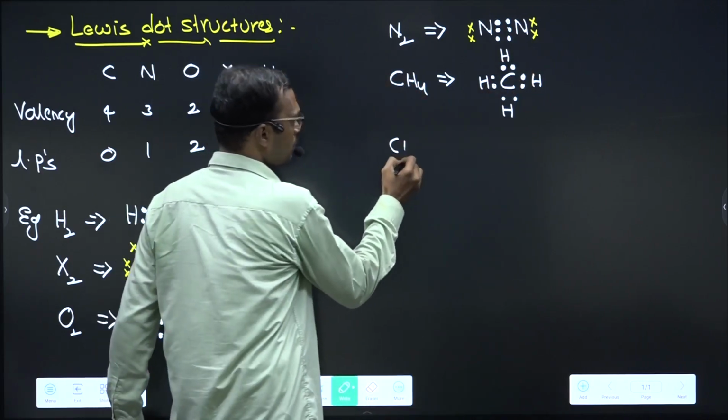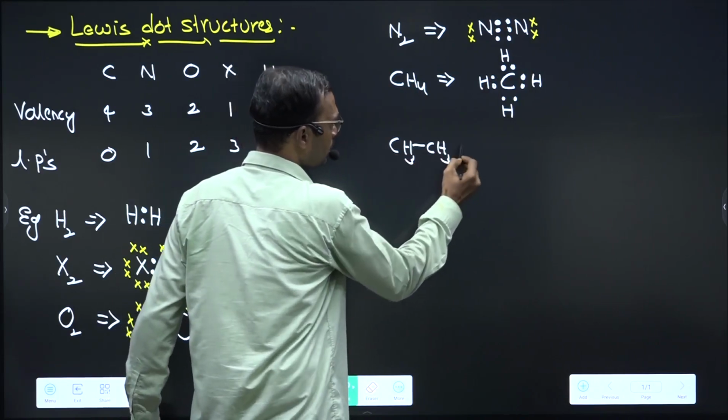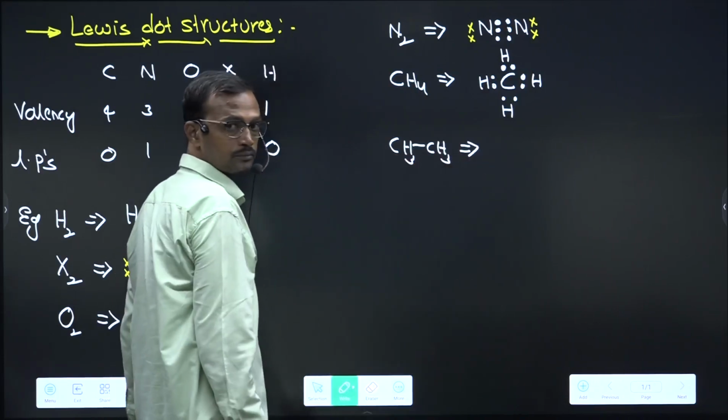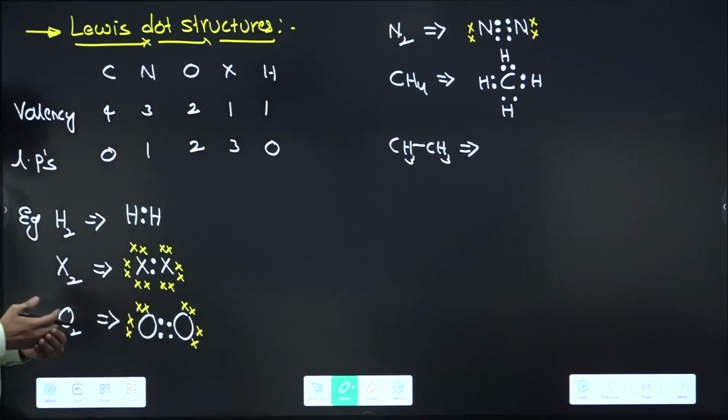Right? Suppose I want to write the Lewis dot structure of ethane. How to write the Lewis dot structure of ethane?